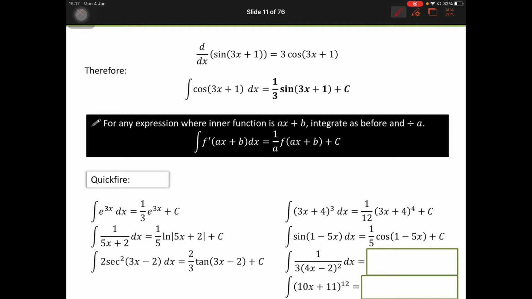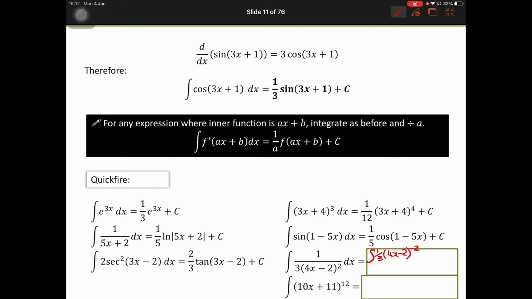Okay guys, so the next one, a third lots of 4x minus 2 squared. Now as before, because we've got a third there, I don't need to worry too much about that because that is just a coefficient. So what I need to think about is my 4x minus 2. So what I'll end up actually integrating is a third lots of 4x minus 2 to the minus 2. Now we'll use what we did before.